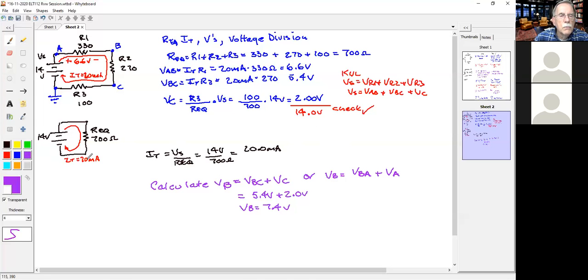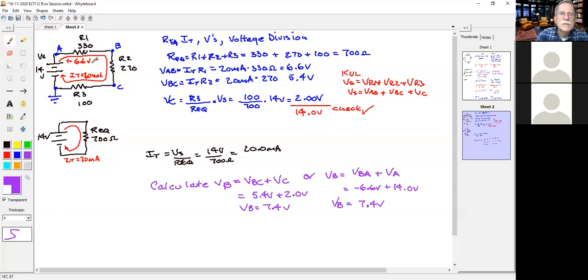So this would have been negative 6.6 volts. From A to ground, this is the positive end of the battery, so we hit the A first. So this becomes plus 14 volts. When I do the math here, this works out to be 7.4 volts. So regardless of whether I go clockwise or counterclockwise, you come up with the same answer. You just have to remember to put the voltages in so you know which polarity to use.